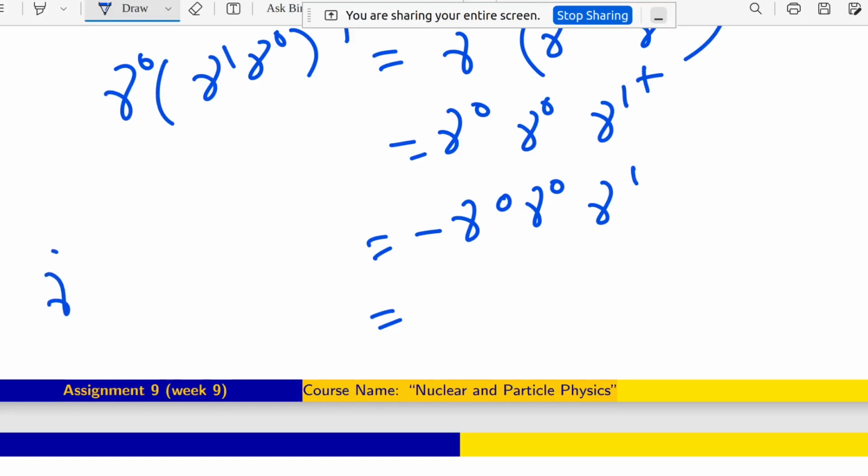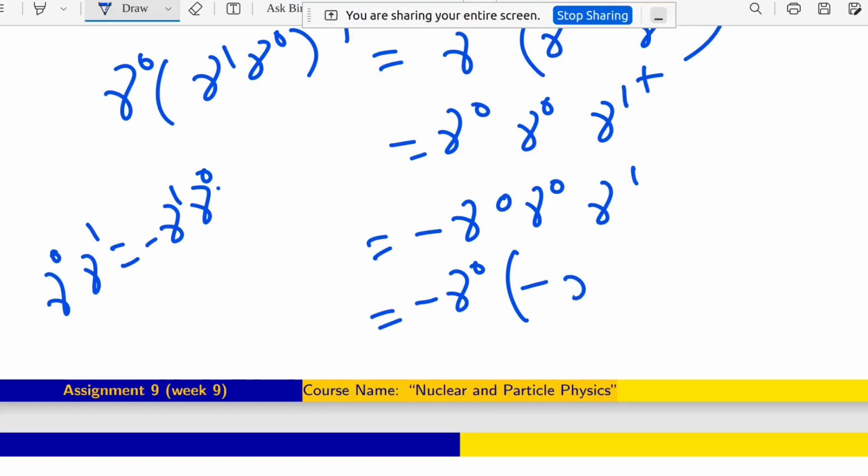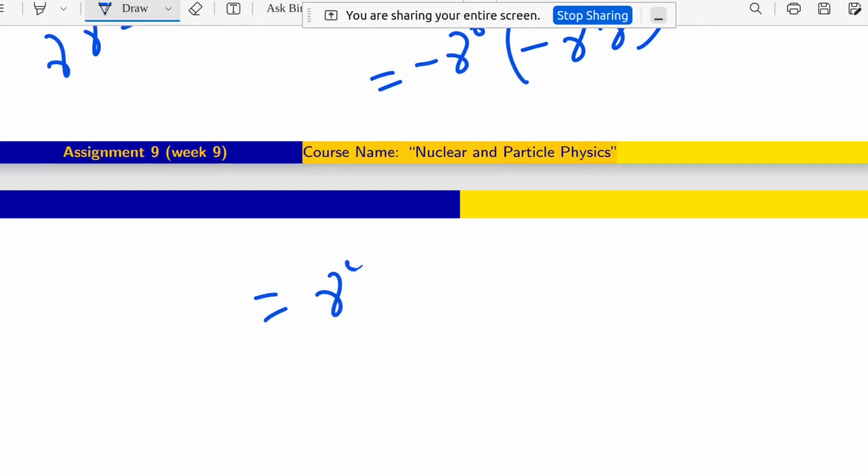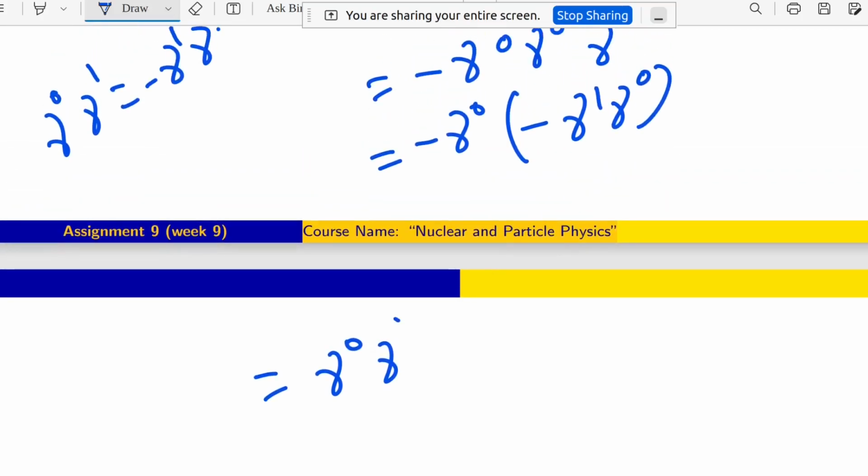That means gamma 0, gamma 1 will be minus gamma 1, gamma 0. So if I exchange the position a little bit, it will be minus gamma 1, gamma 0. Then you can see it is like gamma 0, gamma 1, gamma 0, so it will be plus gamma 0, gamma 1, gamma 0.